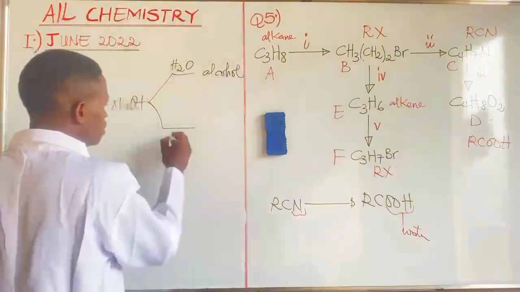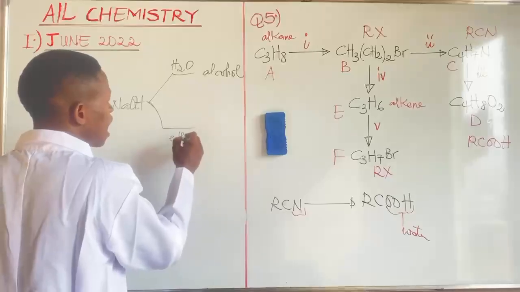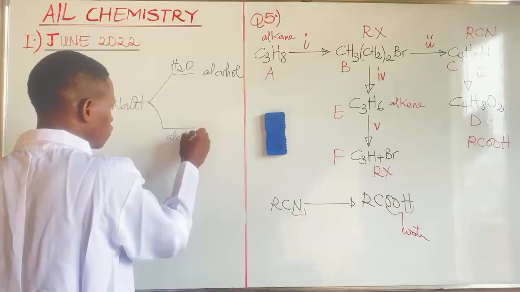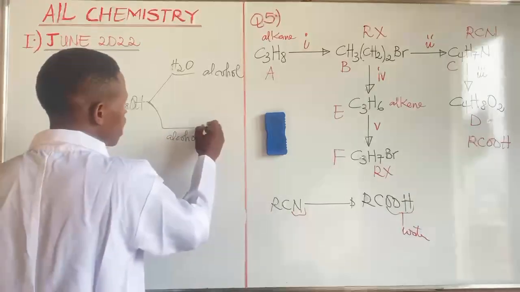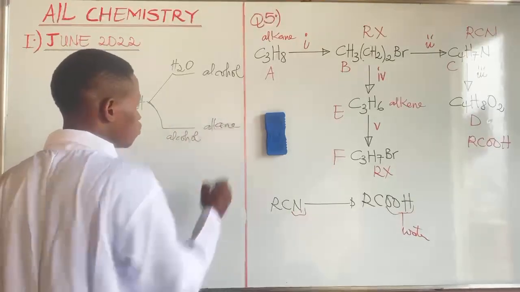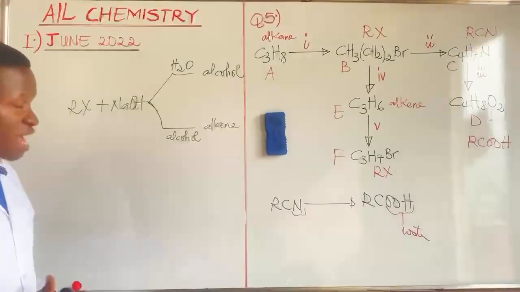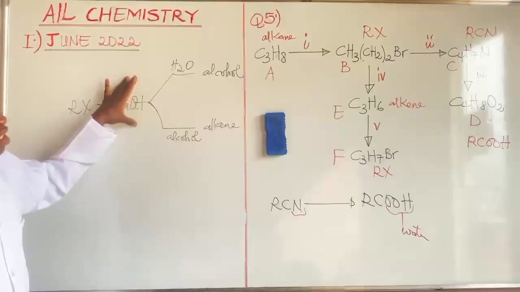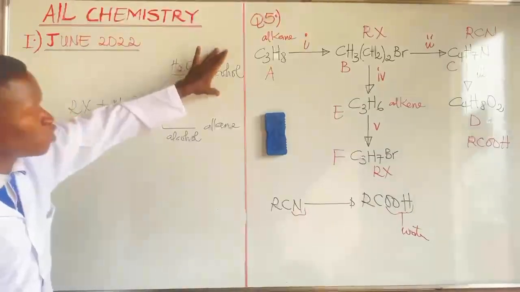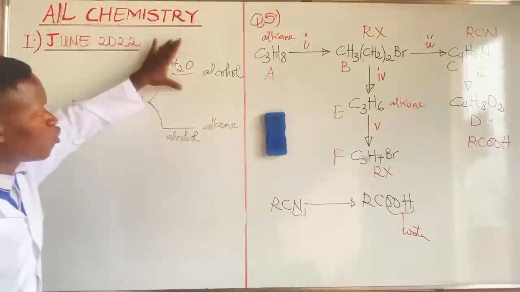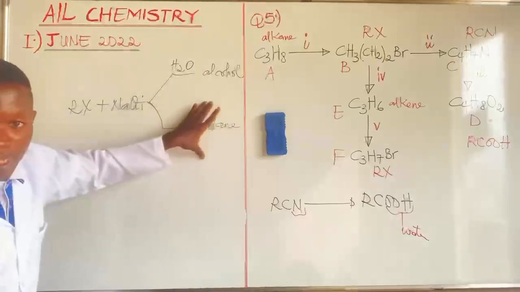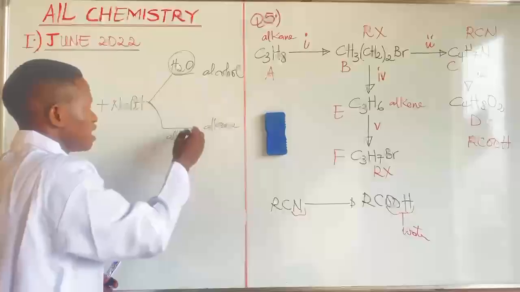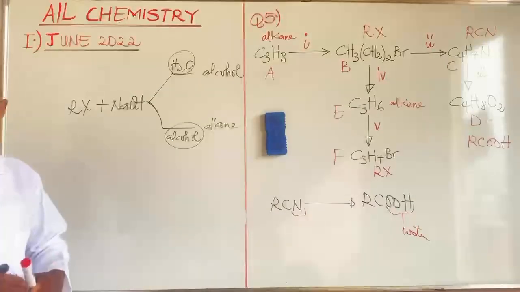But if we do it in an alcohol as solvent, then we are going to have an alkene, in what we call elimination reaction. So haloalkanes react with sodium hydroxide to either give alcohols or alkenes, by nucleophilic substitution or elimination reaction. It all depends on the reaction condition or the reagent that you use.